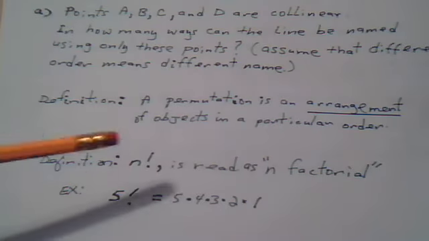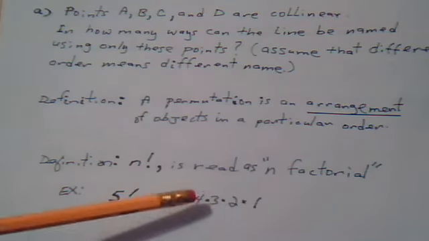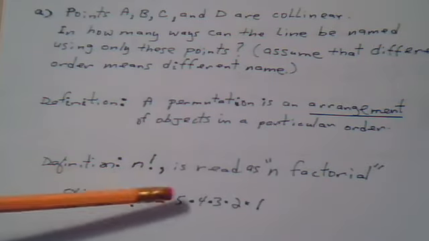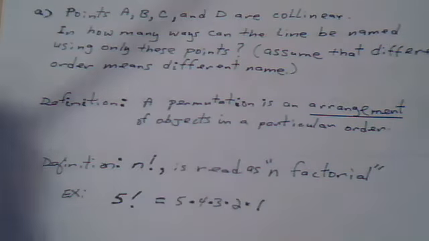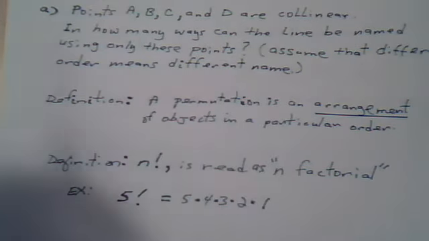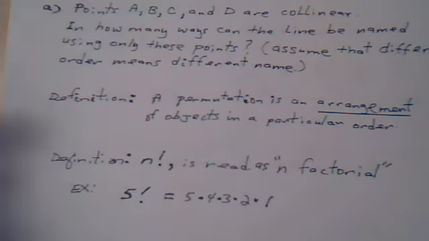Notice how quickly this list becomes long. Imagine if we had 35 factorial. That would be 35 times 34 times 33 times 32, all the way to 1. That's why we need a formula to speed things up.